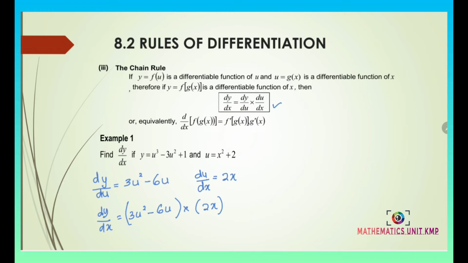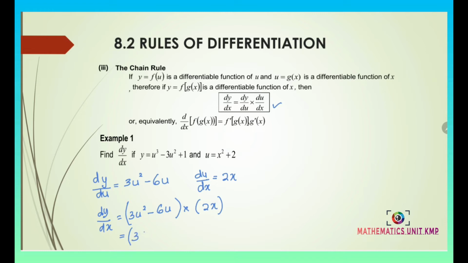And then we have to simplify. Before we simplify this answer, we have to substitute u, because now dy/dx, we said that we differentiate y with respect to x. Then we substitute u in terms of x.